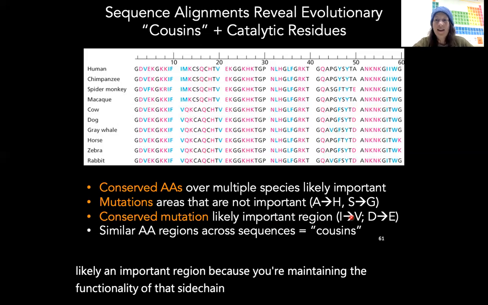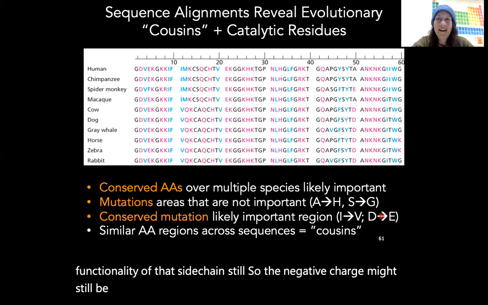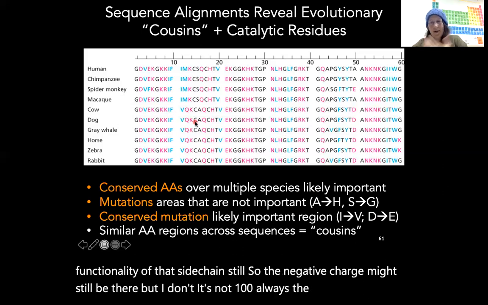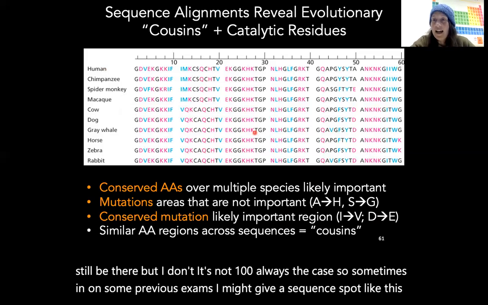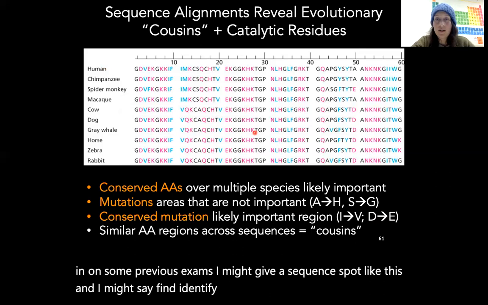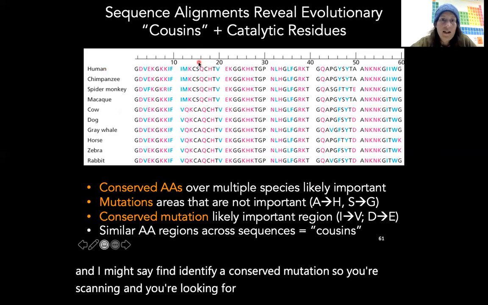So the negative charge might still be there, but it's not 100% always the case. Sometimes on previous exams, I might give a sequence spot like this and say, identify a conserved mutation. So you're scanning and looking for a conserved mutation. Again, serine to threonine is a great one.